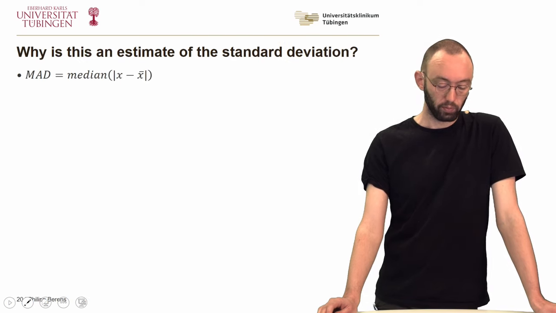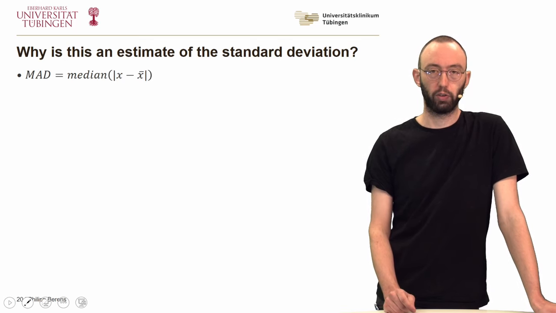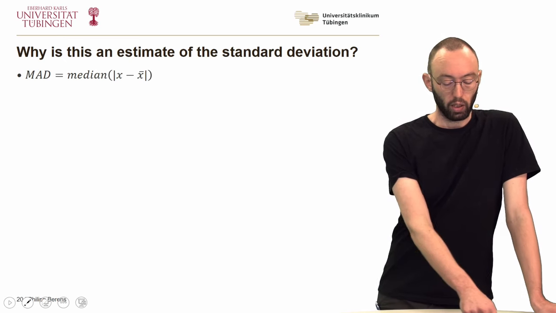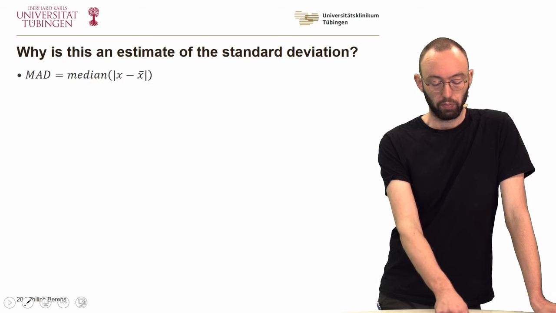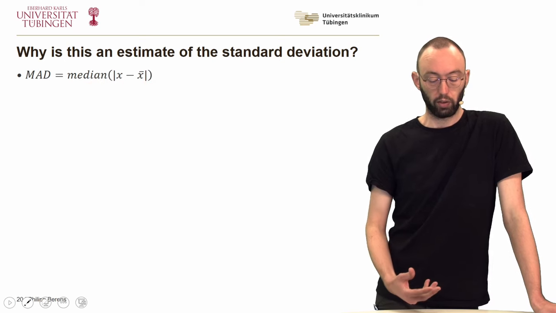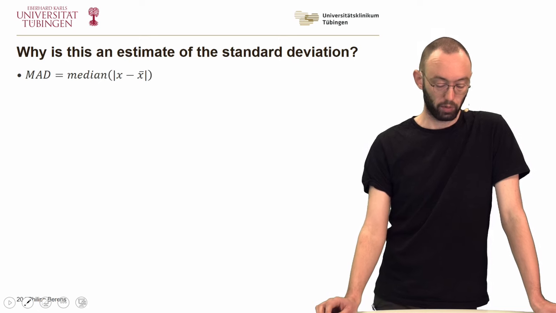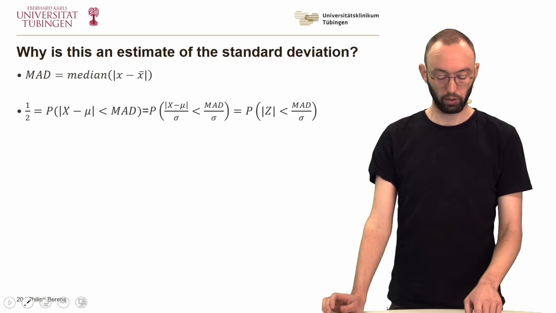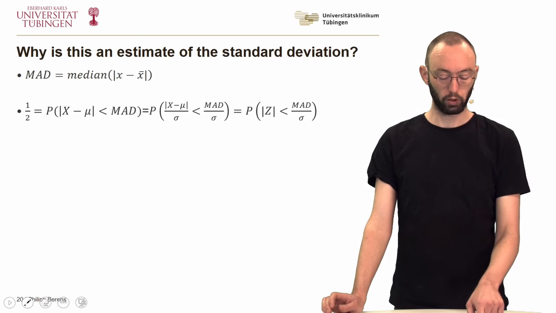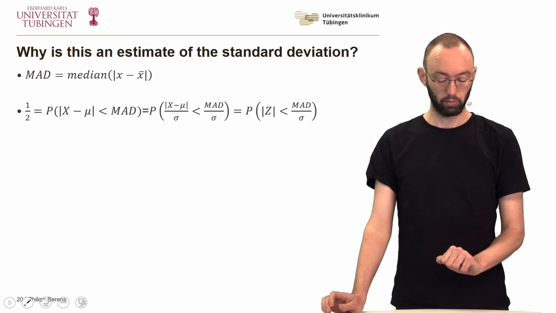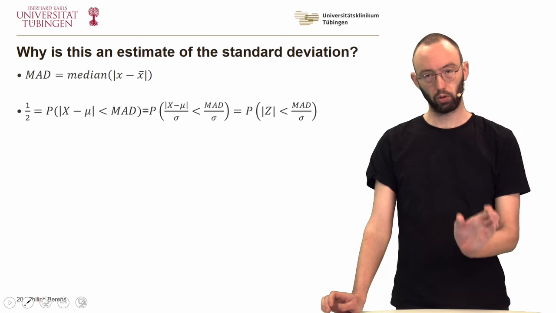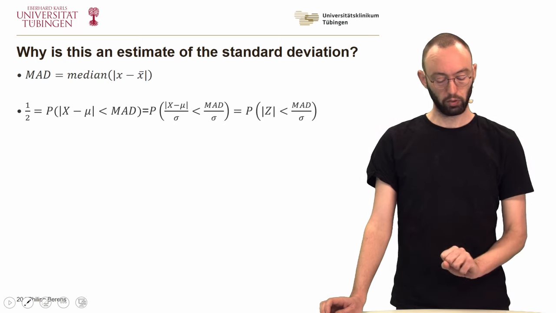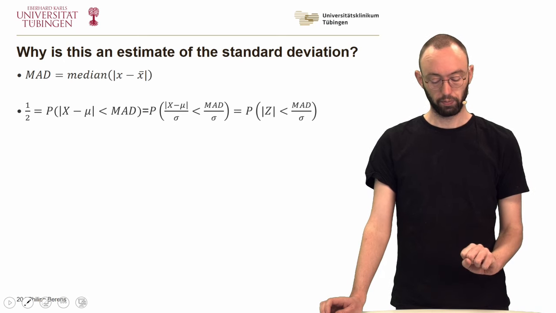So why? I briefly want to go over the derivation of that. If you're not interested, you can skip ahead. The median absolute deviation, MAD, is defined as the median of the absolute value of the deviations from the median of the data. Now, you can realize that the probability that the absolute deviation is smaller than the MAD is 1/2.